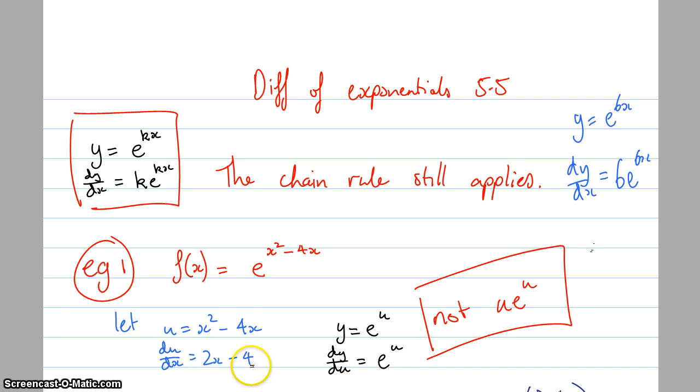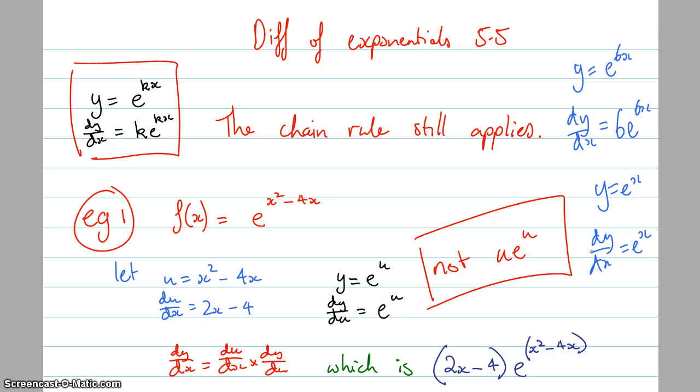That's fairly straightforward. This other one is where people make lots of mistakes. The derivative of e to the u with respect to u is just e to the u. For example, if you've got y equals e to the x, the derivative of e to the x is just e to the x, which is quite amazing. This is the thing I was talking about before. So when I get the derivative of e to the u, it remains e to the u, and then I can get the total derivative using the chain rule.